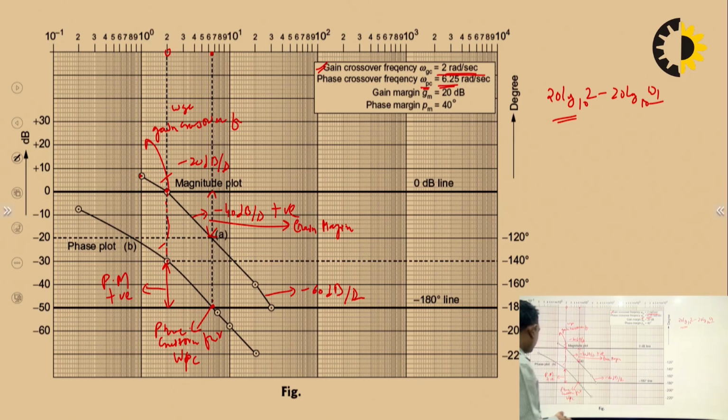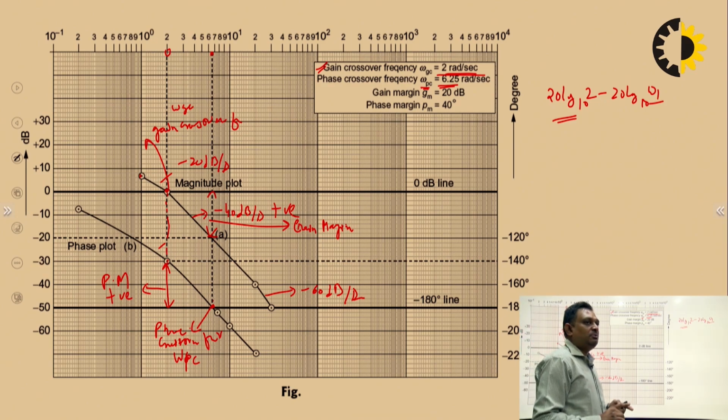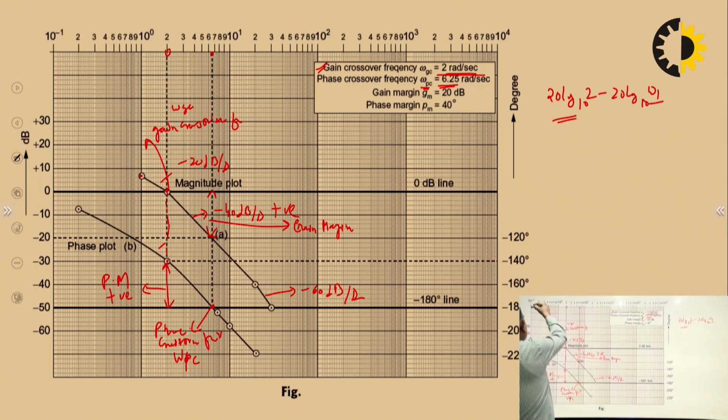It is important to note that we are drawing on semi-log paper. In semi-log paper, as the frequency increases, the separation between points reduces, and this is our linear scale. This portion is called 1 decade, 2 decade, 3 decade, 4 decade, 5 decade.